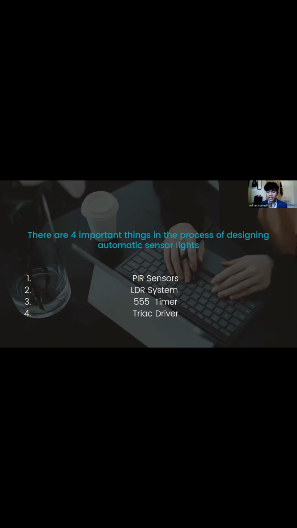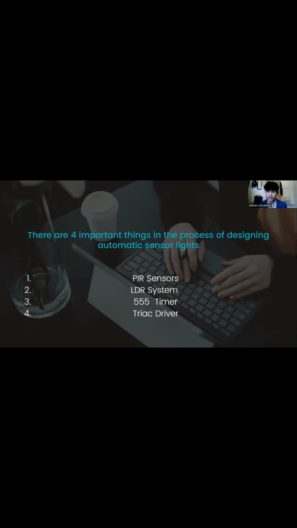Second, using the LDR system, which aims to determine the effect of light intensity on the resulting voltage. Testing the PIR sensor circuit aims to see the response of the PIR sensor to the distance and angle of the moving object.